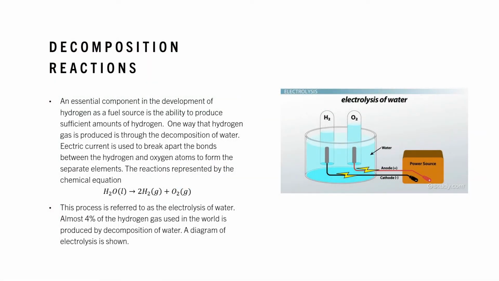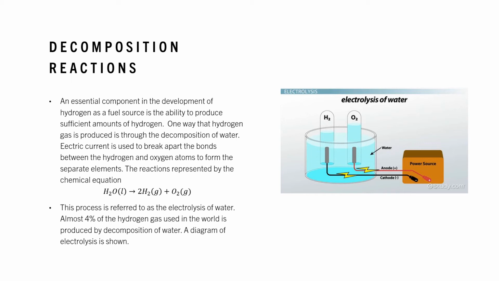Let's take a closer look. An essential component in the development of hydrogen as a fuel source is the ability to produce sufficient amounts of hydrogen. One way that hydrogen gas is produced is through the decomposition of water.